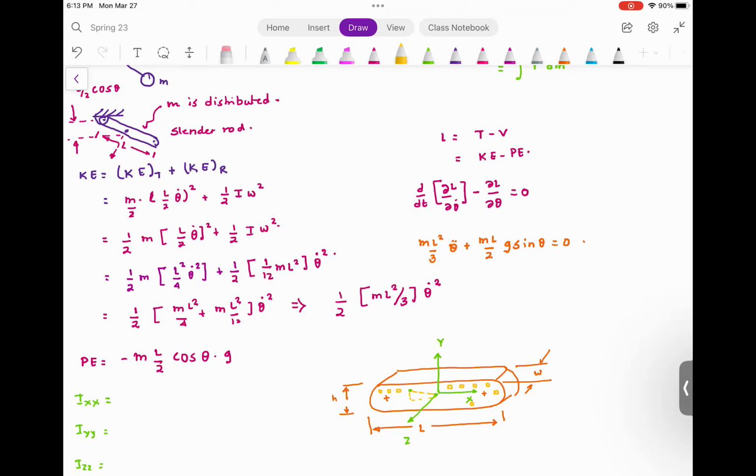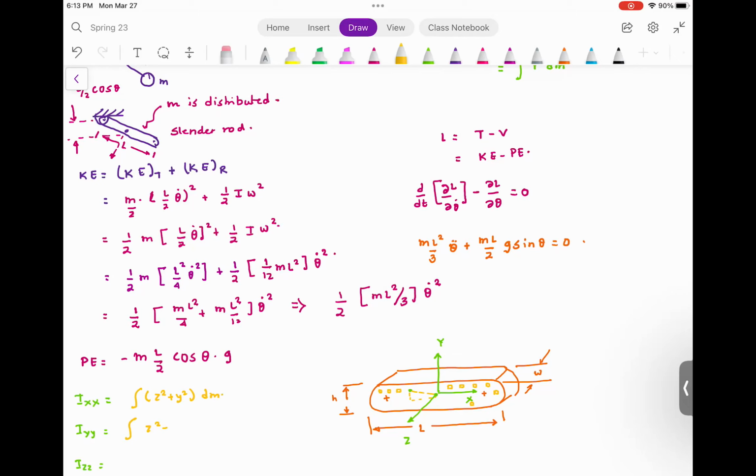So when I'm looking at Ixx, I need to perform the integration of z square plus y square dm. Because please understand, I'm going to take the moment about x, so all the radii that I have are about z and y.